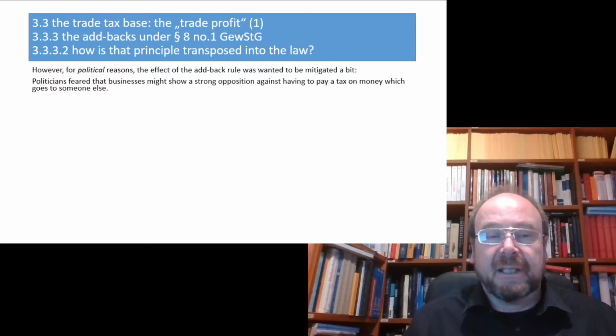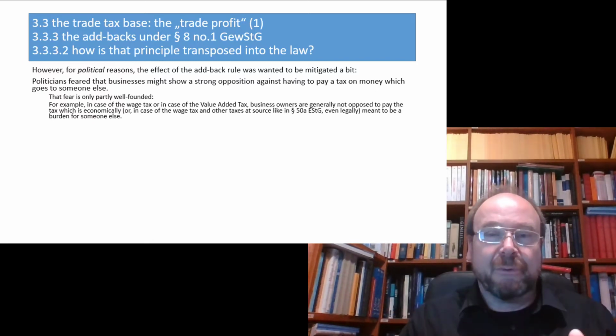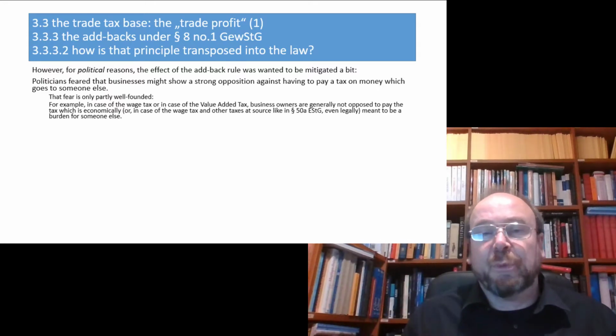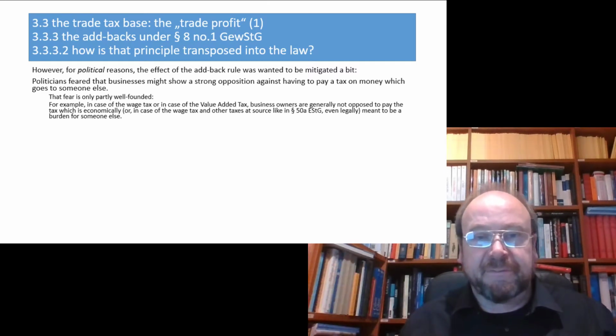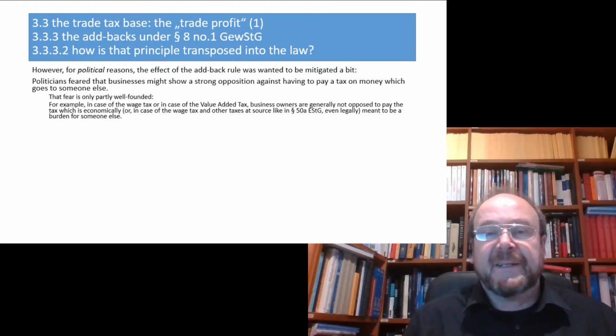Well, in principle, that's not really surprising. Very often that happens. For example, the owner of a business has to withhold wage tax from your wage and give that to the fiscal office. From all the turnover, they have to keep back value-added tax and give it over to the fiscal office. So very often you have similar effects.